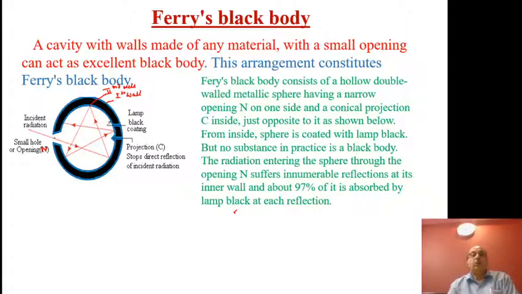It has a narrow opening and a conical projection just in front of this hole. Here is the conical projection.